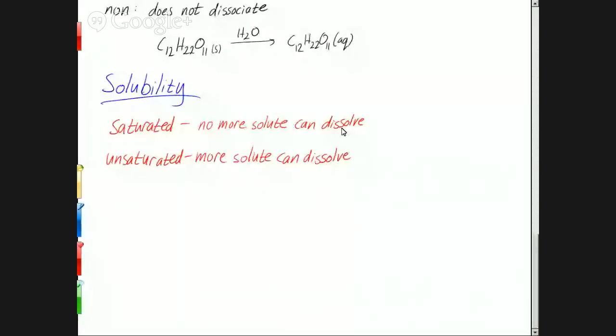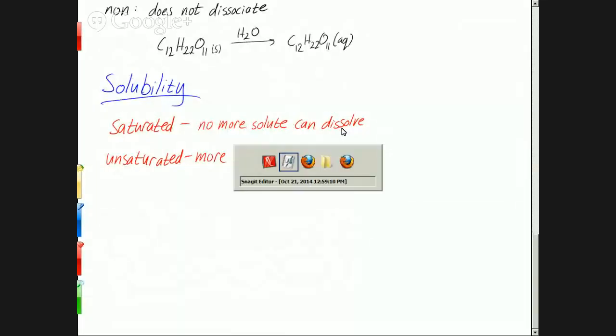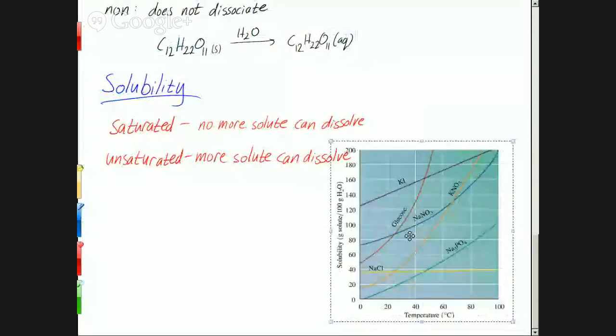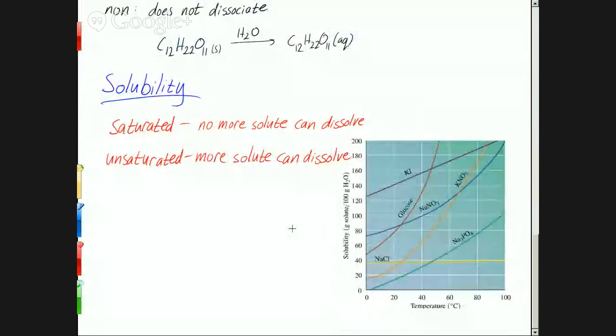Now this changes with a substance, and it also changes with temperature. So I'll show you this graph. Here's a graph from your book of solubility versus temperature. It shows how many grams of a solute you can dissolve per 100 grams of water. Any more than that, and it's going to start falling out of the solution and sticking to the bottom.